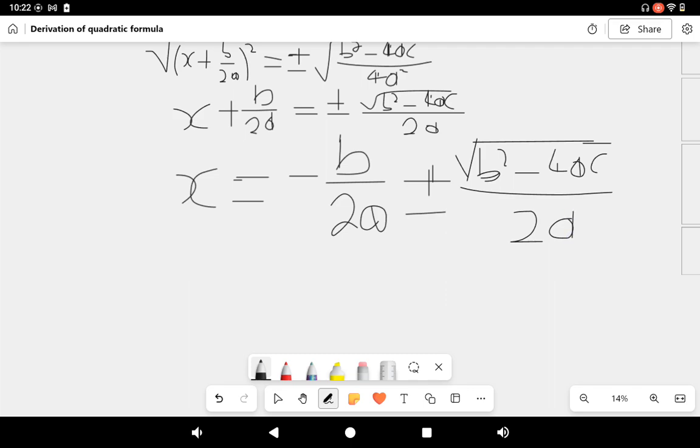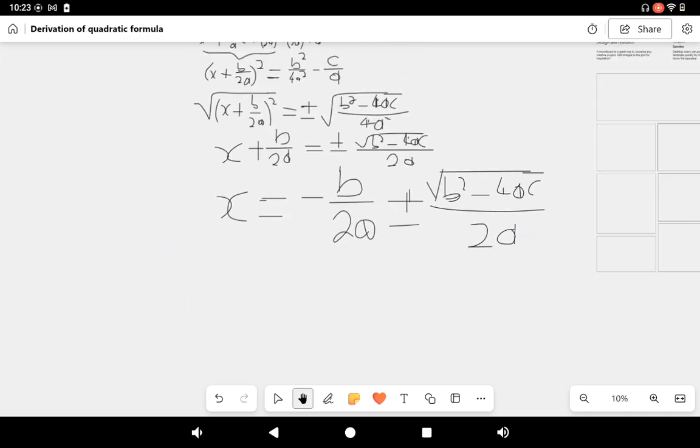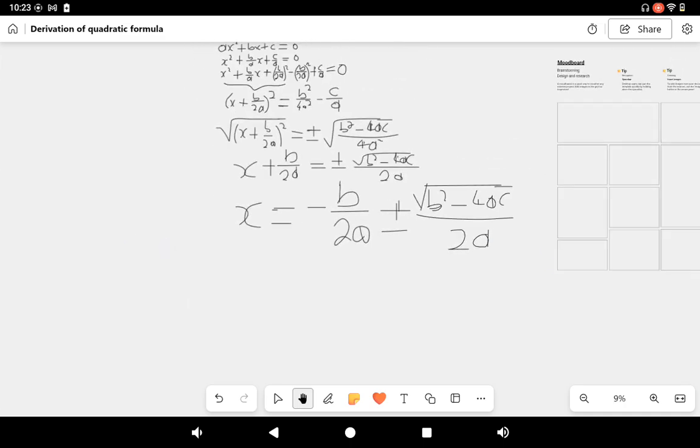Now I'm just gonna write everything else on our right hand side as one thing, right? As one fraction, because they both have the same denominator. Okay, let me do this just to resize this. So therefore it now means our x becomes, therefore I'm not sure if it's gonna write.